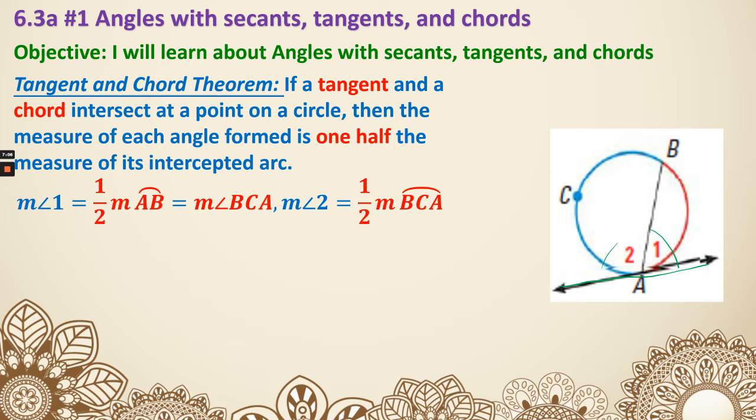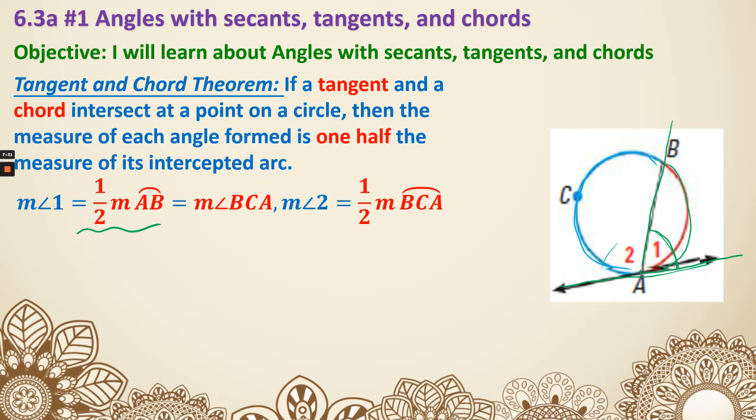The theorem is basically saying angle 1 is half of the arc being intercepted by these two lines. So angle 1 is half of arc BA, or AB, right here. Angle 2 is on the other side, and that is going to be half of the other side of the arc, which is arc BCA.